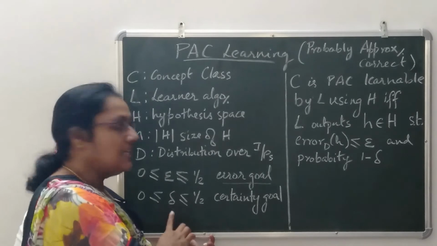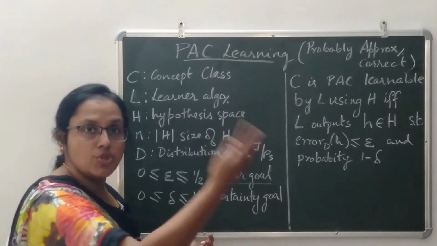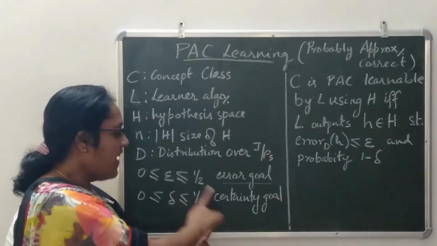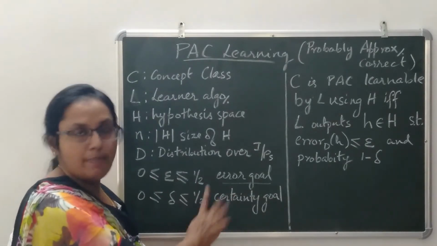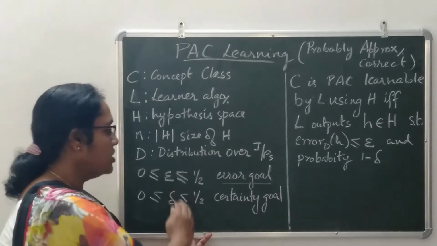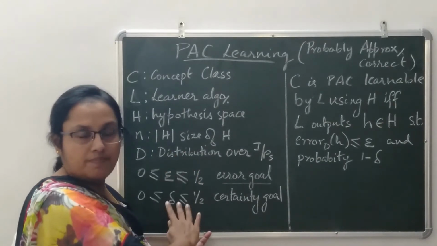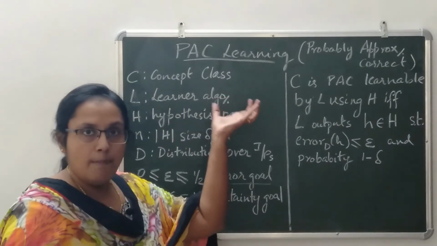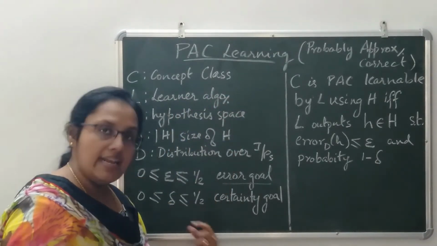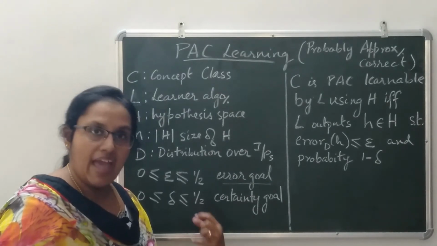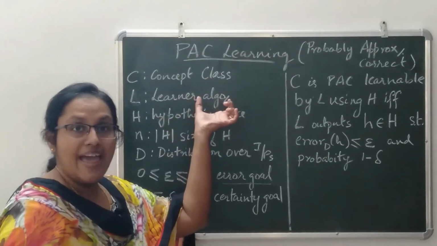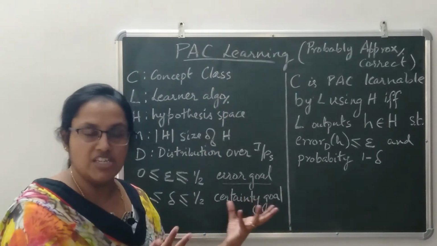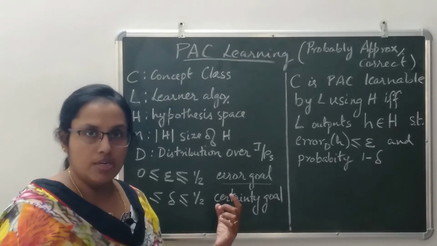Certainty delta means that the error should be 1 minus delta. This value also cannot be more than 0.5, since my error cannot be more than 0.5. So these two are related to each other. The learner L must have a certainty of delta when giving the answer, and it must not exceed an error of epsilon when giving the classification.